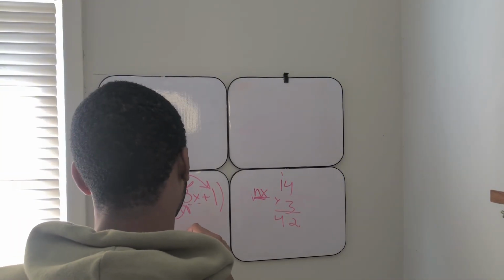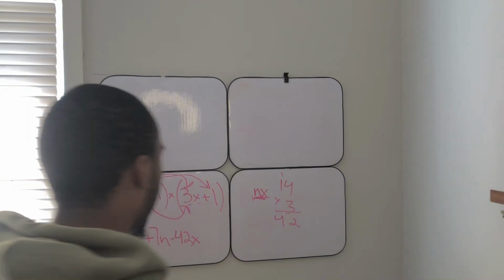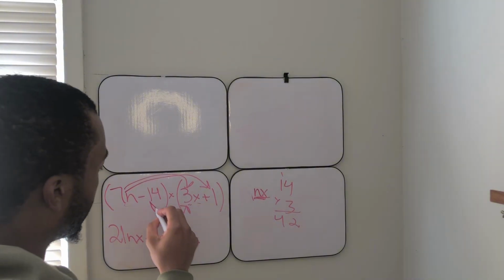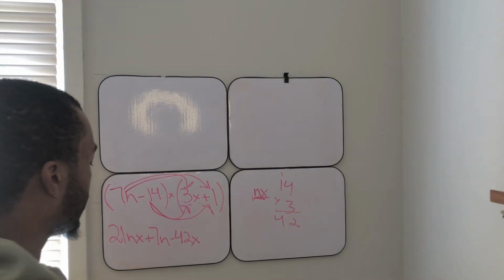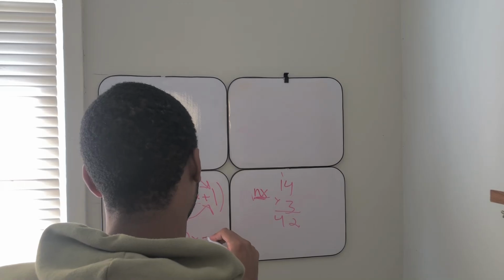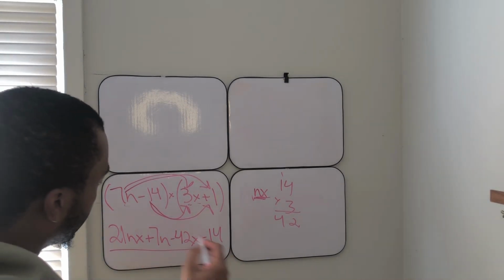Yeah, so that should be negative 42x. And then negative 14 times positive 1. Yeah, it's negative 14.